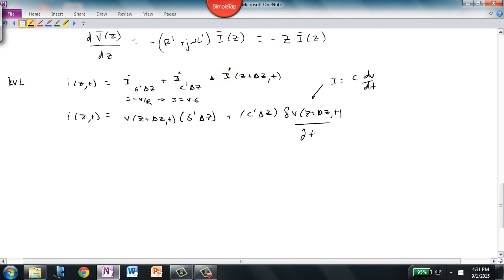And then we just need to add on this last segment plus I of Z plus delta Z comma T. So that's the application of Kirchhoff's current law.